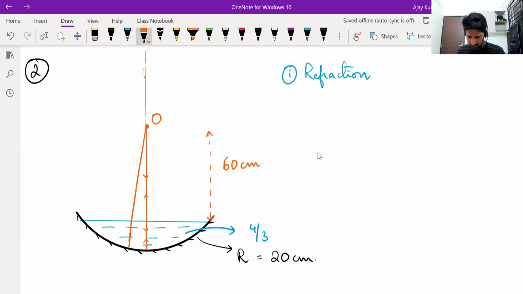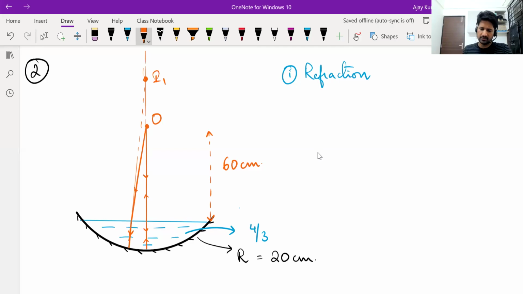This is where the first image forms, after the bending of light at the water surface.